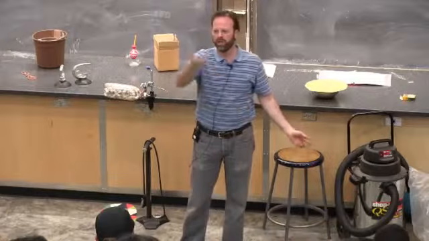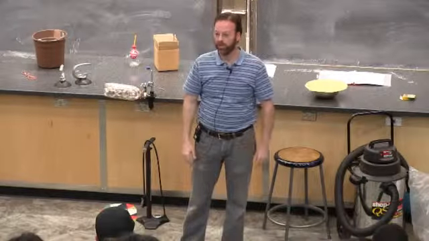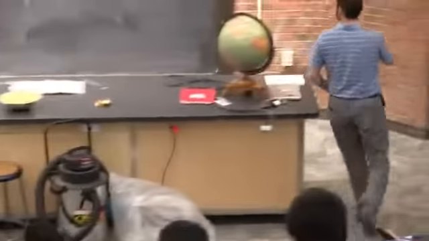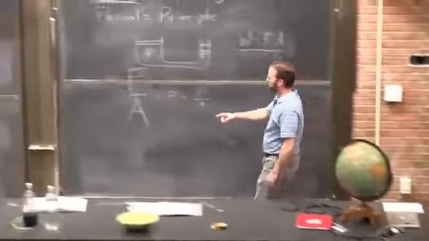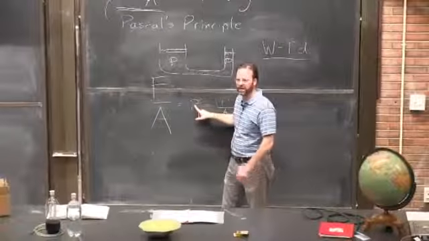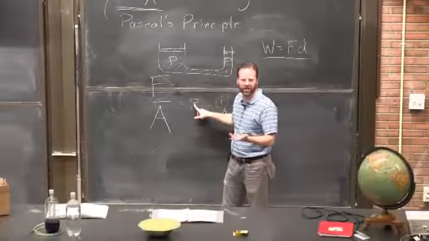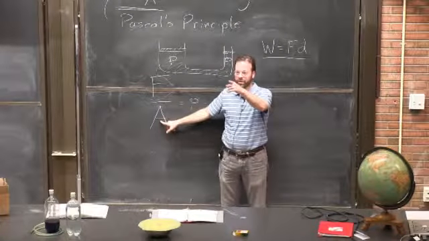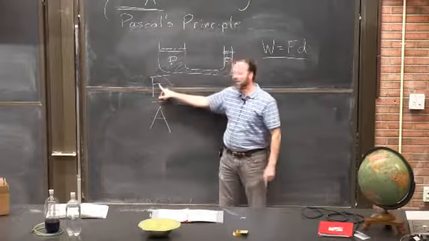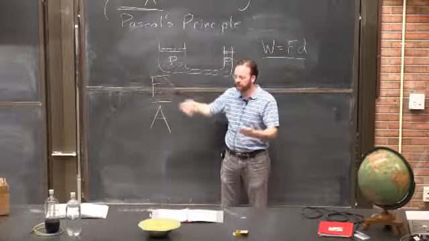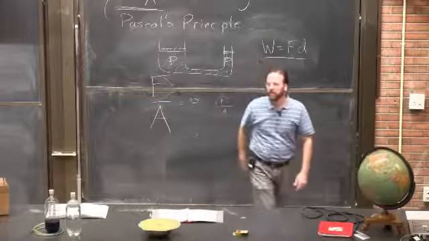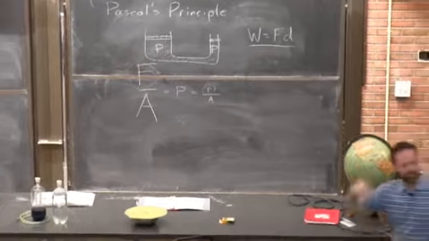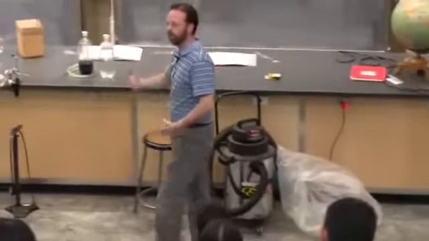A difference of only a handful of pounds per square inch. A small change in pressure, that wasn't that great. I didn't pull a lot of air out. But over a big area, lots of square inches, you get a big enough force that he couldn't stand up. It trapped him, essentially. So if you can spread pressure over a large area, that's Pascal's principle, you can get a big force.